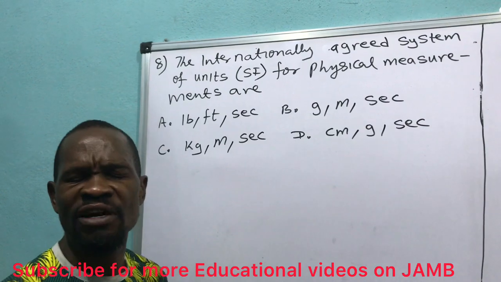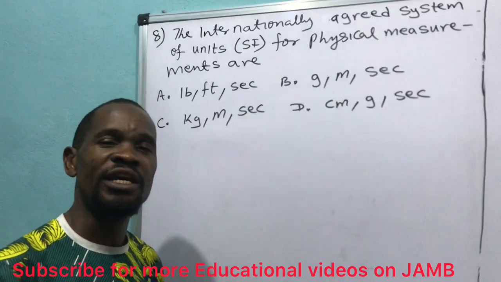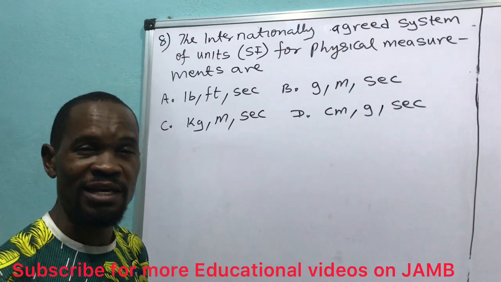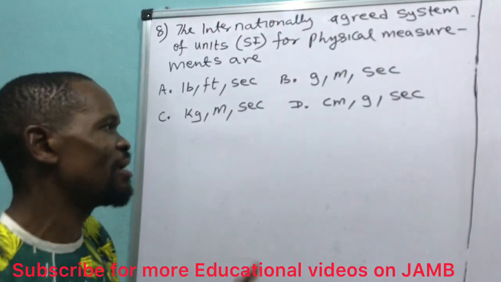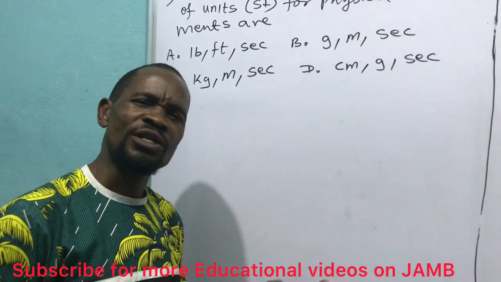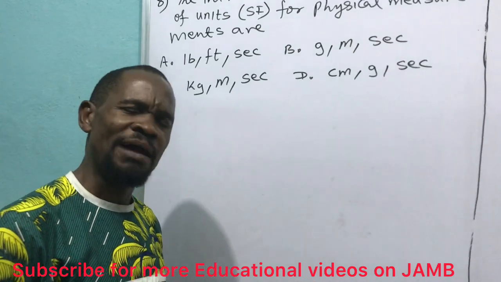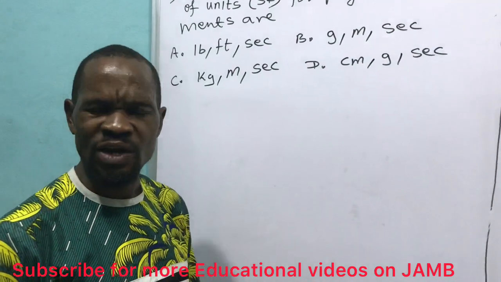We have 7 fundamental units which I mentioned earlier in section A of this question and answer. Then we talk about the fundamental unit, which is length measured in meter, mass measured in kilogram, and time measured in seconds, and the others.